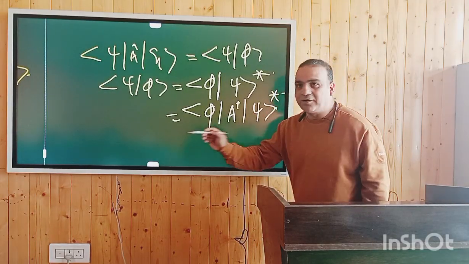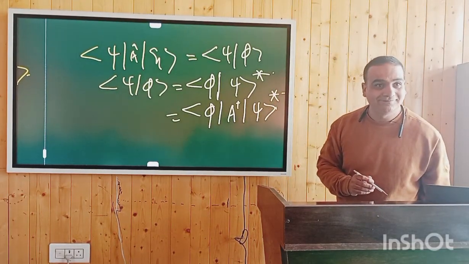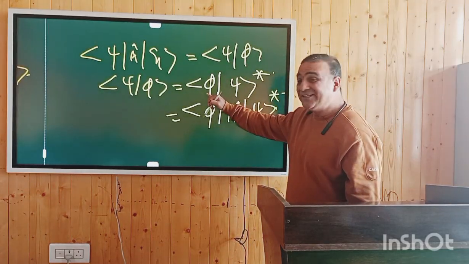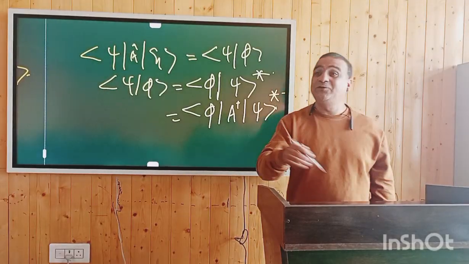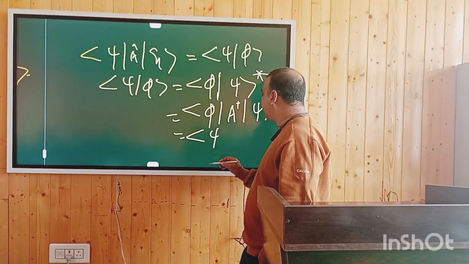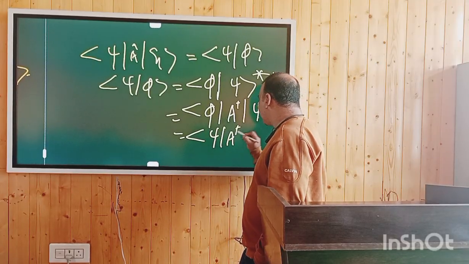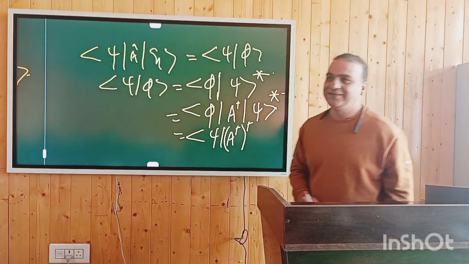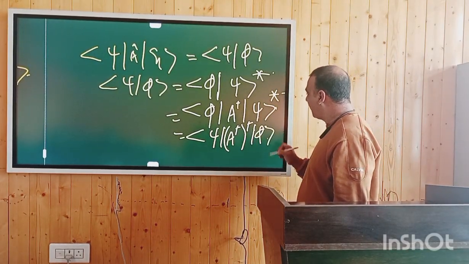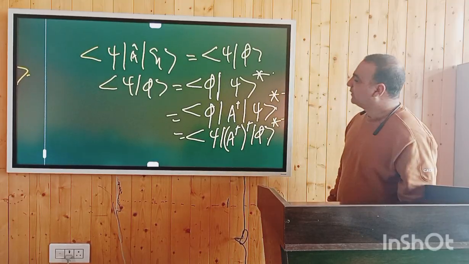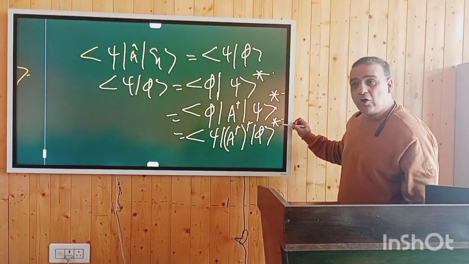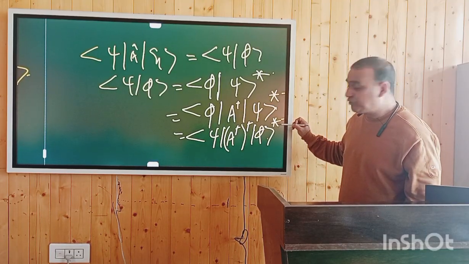So now, if I change the order again, what's going to happen? I started with psi and phi. I wrote it in terms of phi and psi. Now, I want to write it back as psi and phi. I'll get psi, A dagger, and its own dagger, and you will have phi, star is there. Is it correct? So this star is gone because I have taken it two times.